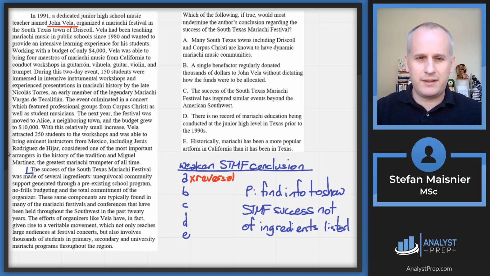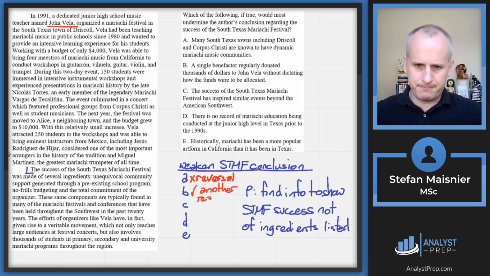And that fellow, John Vela, if he were given thousands of dollars without being told how to allocate the funds, are the community support, no frills budgeting, and the commitment of the organizer really the generators of the success, or is it these thousands of no strings attached dollars? So this would show that there's another reason for the success. So that would match our prediction of showing it's not because of the ingredients that they listed, it's because there was this benefactor who gave John Vela a bunch of money.